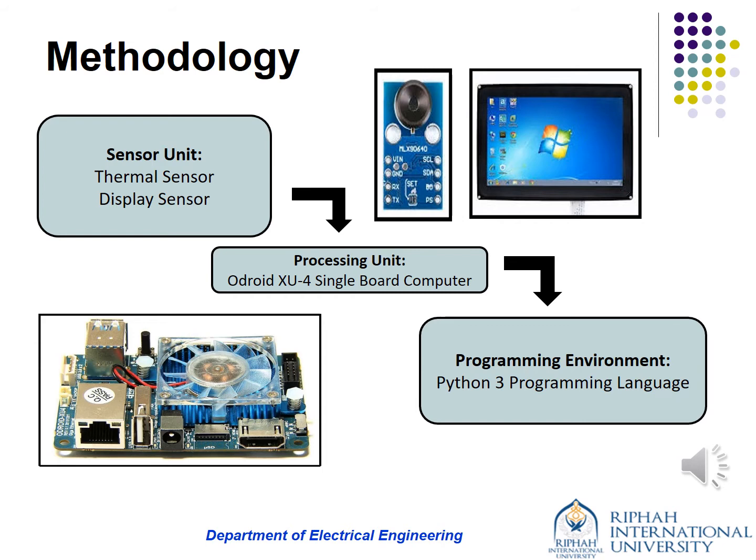This Odroid XU4 has 8 CPUs, based on ARM architecture and has 4 parts, which have a high performance Cortex A15 quad core processing block, a low power Cortex A7 quad core block, and a GPU.